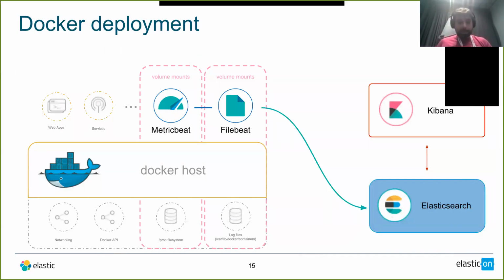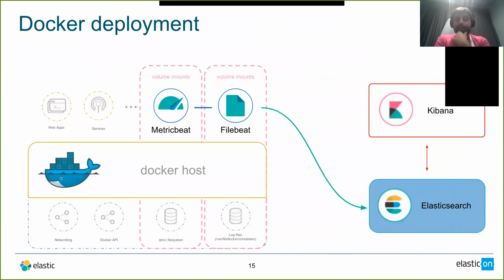Okay, so one way, or I would say the recommended way to launch Filebeat and Metricbeat when running on containers is to run them inside a container. The only special thing that you need to do when doing this is mount some things from the host, because the host is what we are trying to monitor.